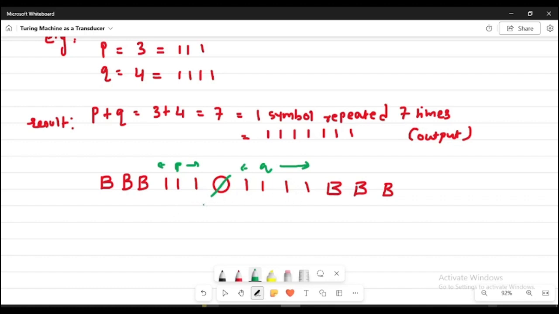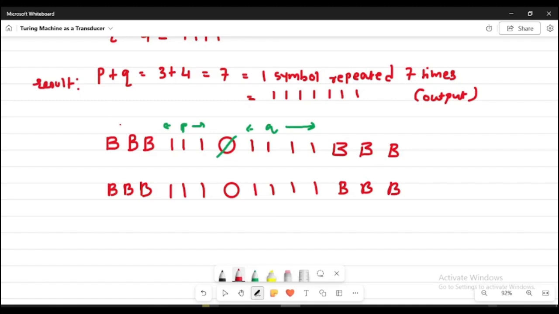So this is nothing but concatenating two strings of ones by removing 0 from the middle. This is the logic we are going to use, but we have to see how we can do this using a Turing machine.